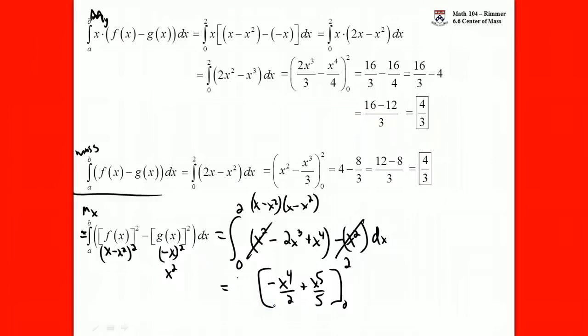Yeah, something like that. So we get, what's that, negative 8 plus 32 over 5. It's okay. It's a negative value. You'll see why. So altogether we get negative 8 fifths.